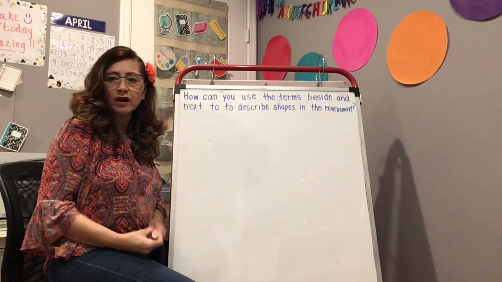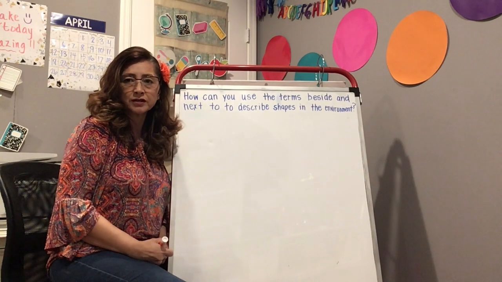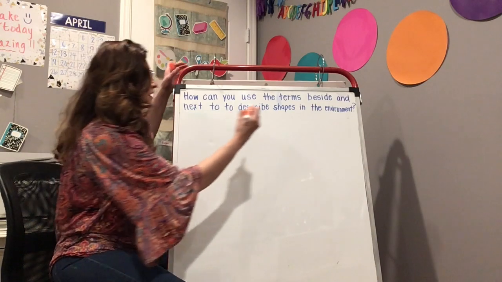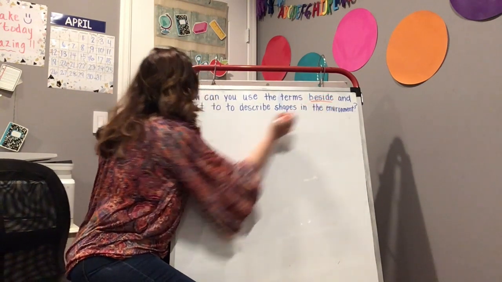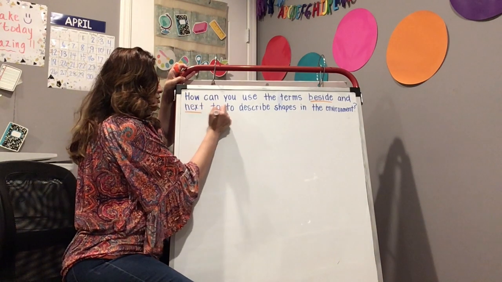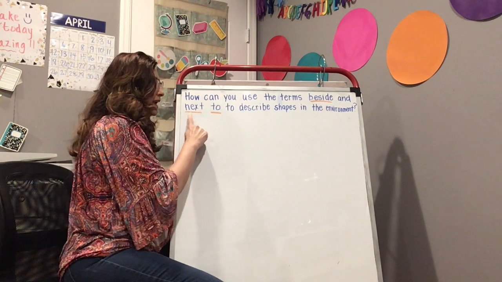Remember, we are working on positional words, words or terms that help us describe shapes around the environment. So today we're going to look at the word beside and the phrase or term next to. Okay? So beside and next to.